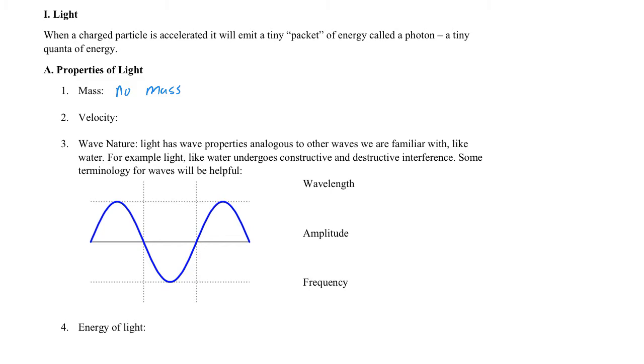Most importantly, their velocity. So actually, photons have quite a bit of energy packed into that little particle. And when they are traveling, we observe them, at least in a vacuum, traveling at a speed that is quite extraordinary. It is actually 3.0 times 10 to the 8th meters per second.